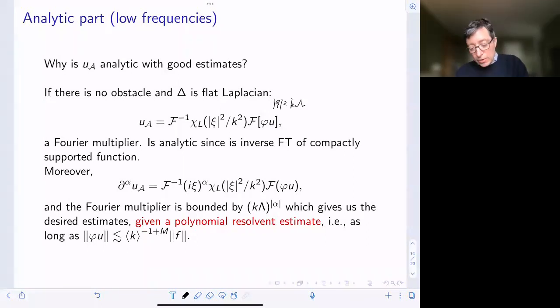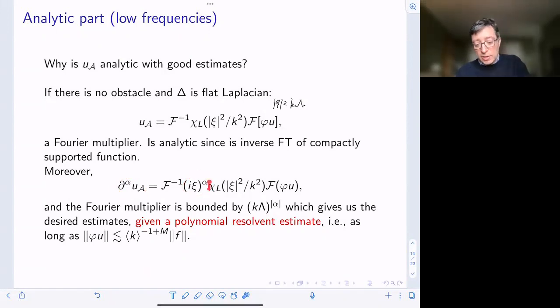Why is this u_A a good thing? Well, it's the inverse Fourier transform of something compactly supported in xi. If I fix k, it's compactly supported in xi. And so it's analytic. It's the inverse Fourier transform of a compactly supported function. Great. And it's easy to see how big derivatives of it are. If we differentiate, that becomes multiplying by xi under the Fourier transform.